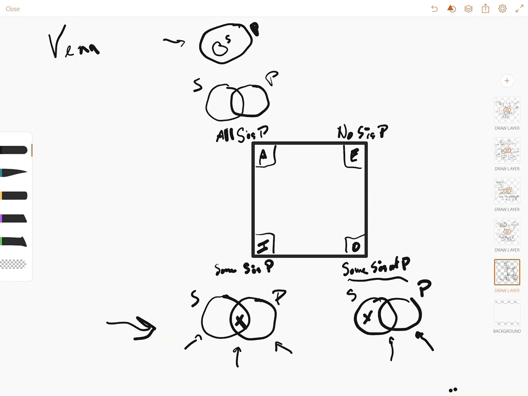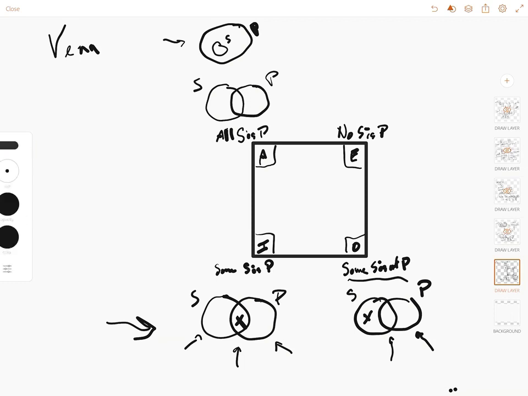We could put a bunch of marks in the overlapping region, but that would be ambiguous because it might still suggest that there could be things in the region of S that are outside of P. So the convention that we'll adopt is to use shading, and we'll agree that shading means empty.